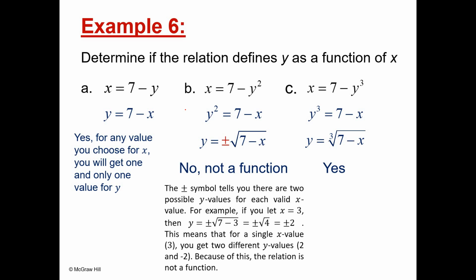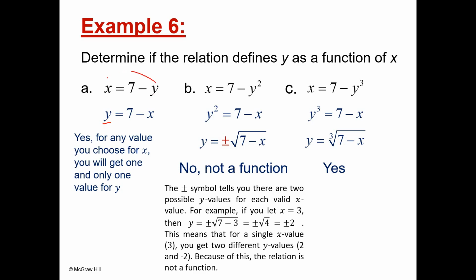In example 6, we will also determine if the relation defines a function, or we say y as a function of x. Now, we mentioned before, to draw a function you need to isolate y, which means we take y on the left side and take all the other terms to the right side. This is given: x is equal to 7 minus y.